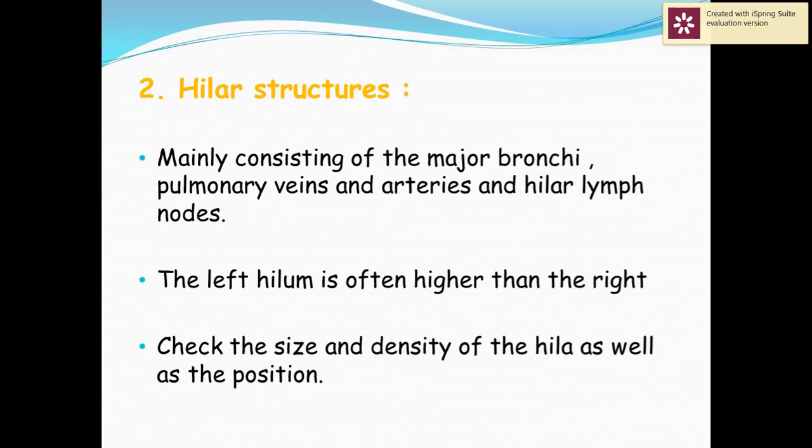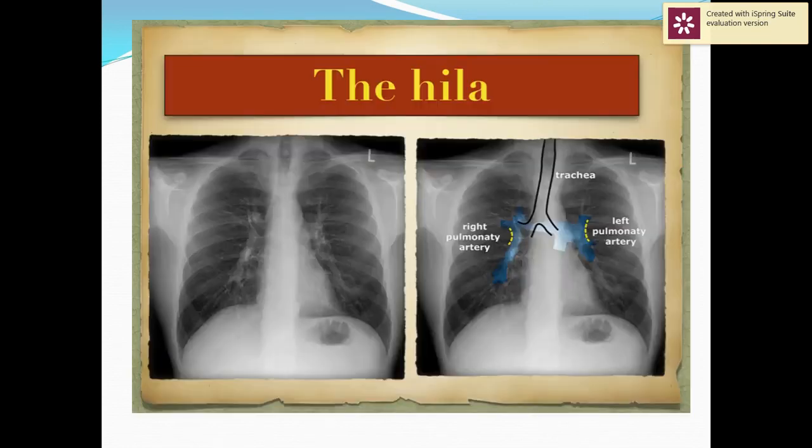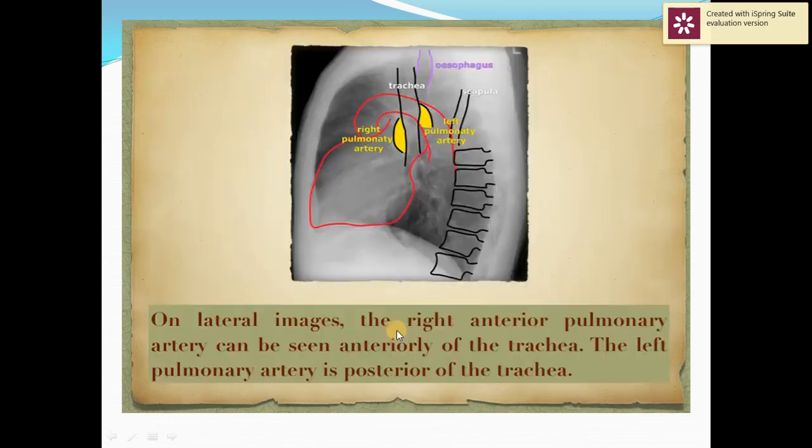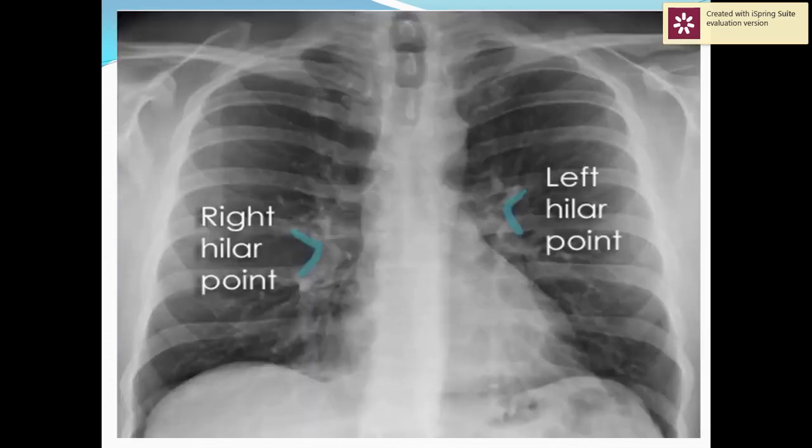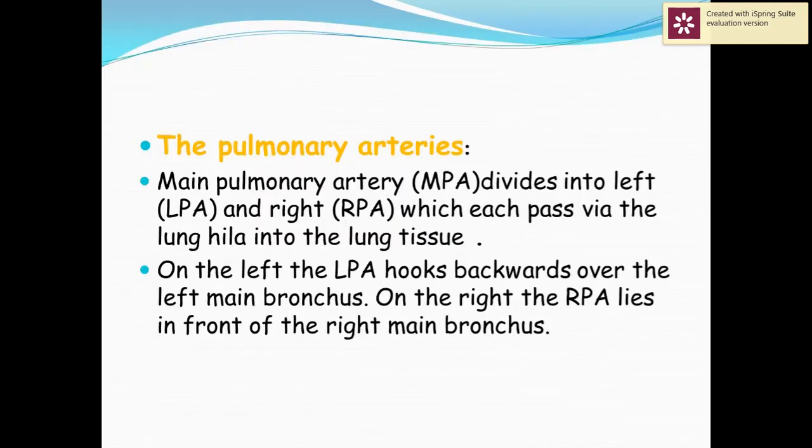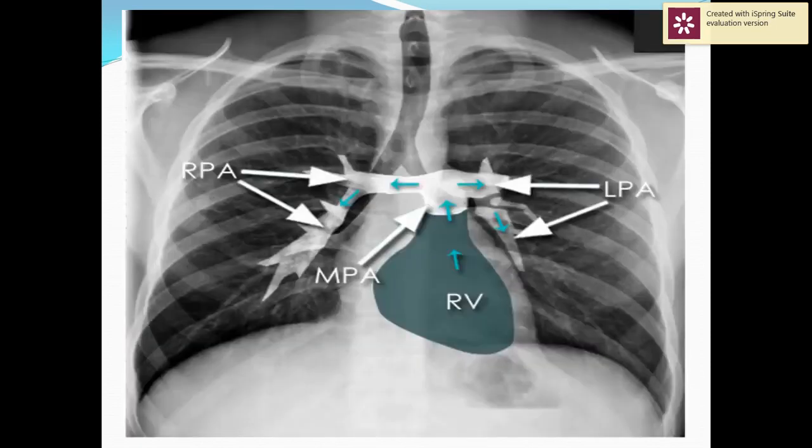Equalization of the hila denotes there is either collapse or pulling by a mass. Therefore, this is the left pulmonary artery and here the right pulmonary artery. The main pulmonary artery divides into the left pulmonary artery and right pulmonary artery. Here is the right ventricle.